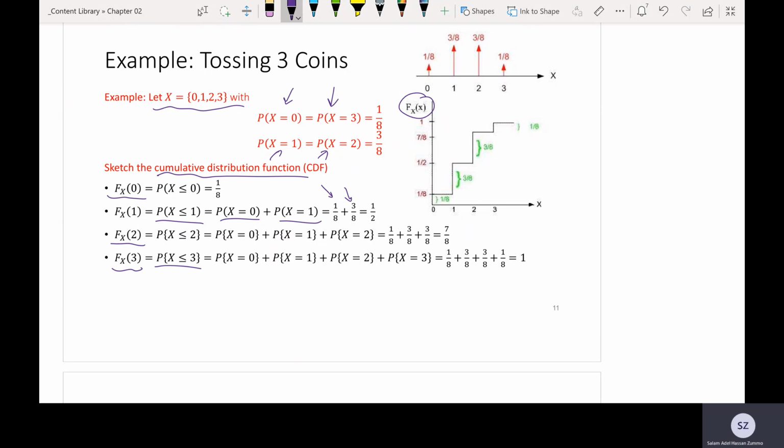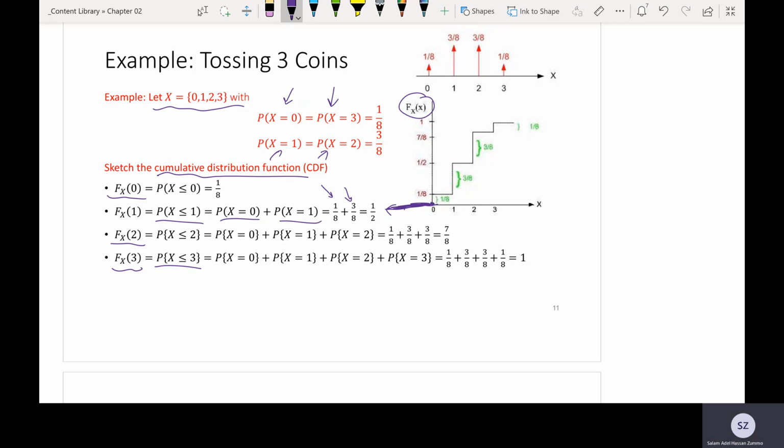Now when x is negative, what is the value of F_X of minus 2? It's 0. Why? Because it's equal to the probability that x is less than or equal to minus 2, which cannot happen, which means it equals 0. So clearly you can see that this function equals 0 until we reach 0.